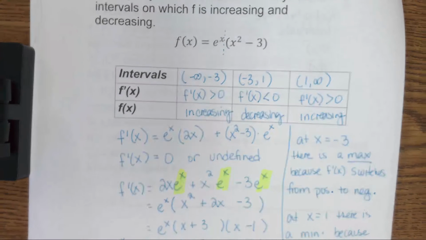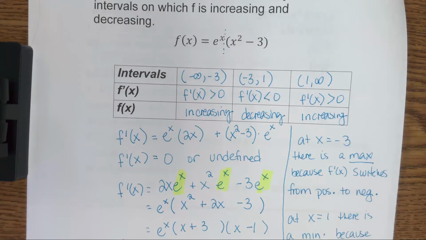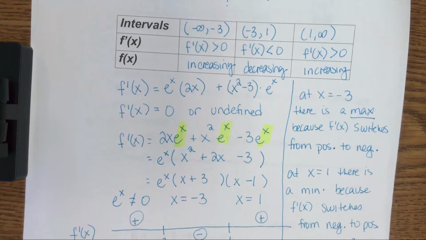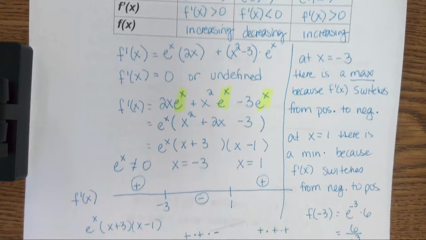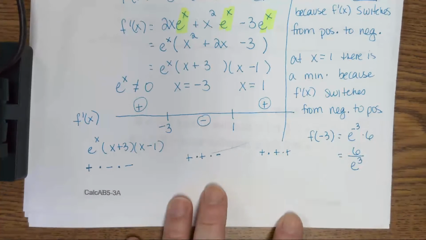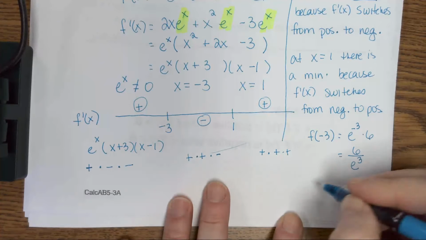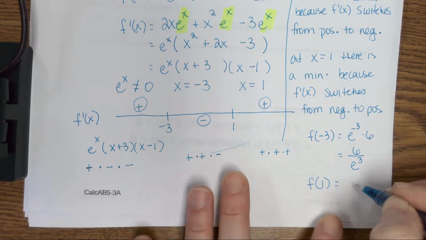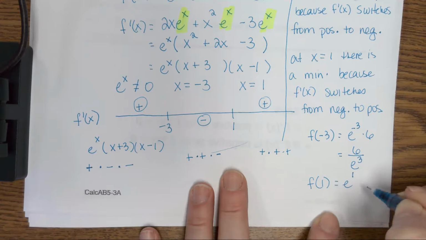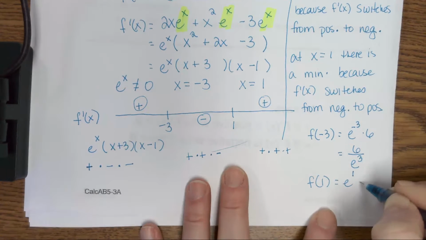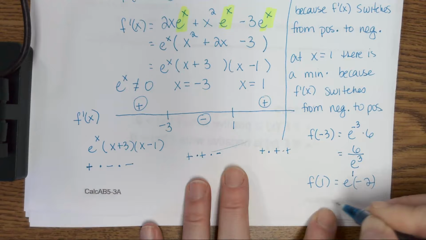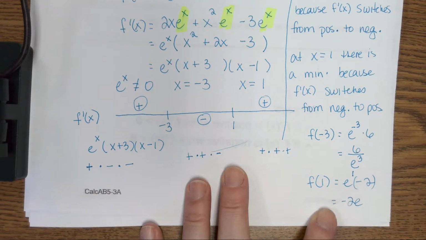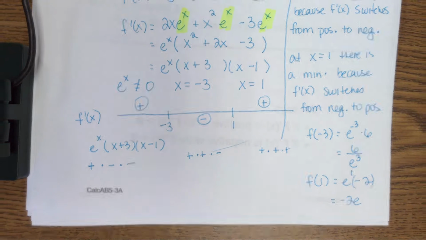So if I wanted to actually find what that max was, that's 6 over e to the 3rd. I don't know what that is, but I know it's its maximum. And if I wanted to find its min, I could plug in 1. So we'd have e to the 1st, times 1 squared minus 3, which is negative 2. So negative 2e is the minimum.